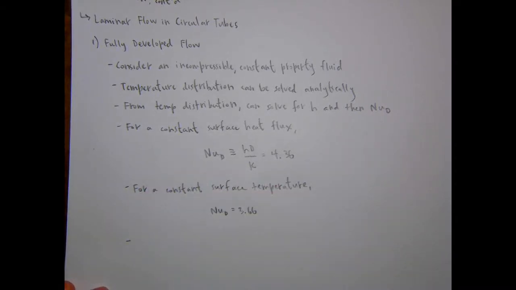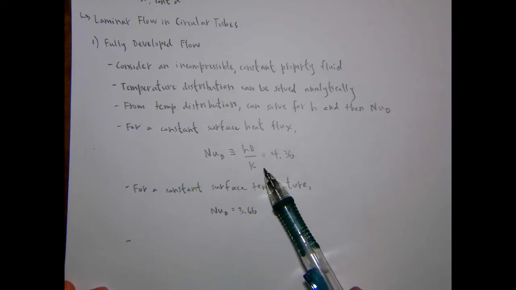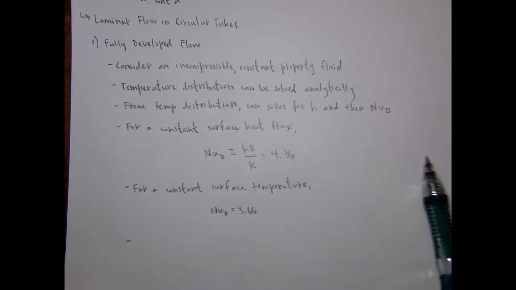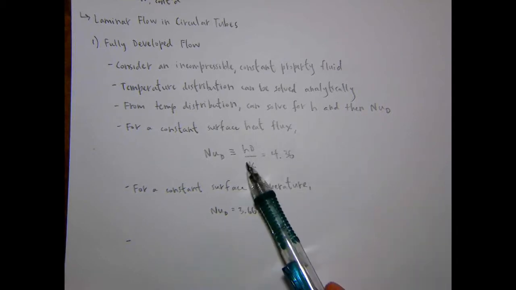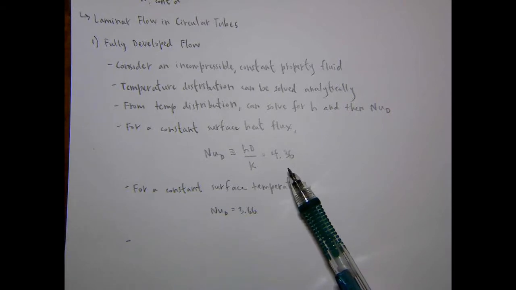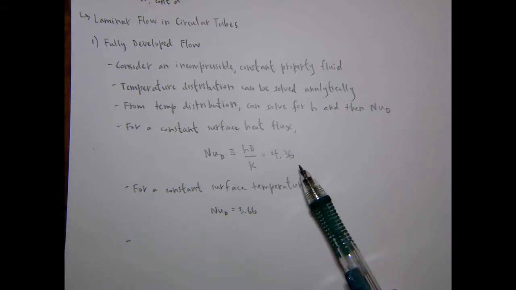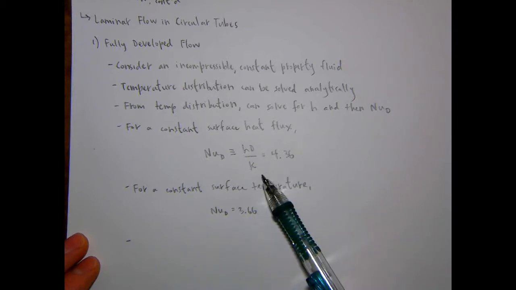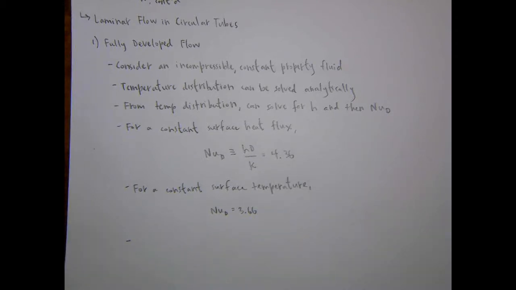And then again, when you're evaluating the Nusselt number, usually you're trying to find h. So you can find an expression for the Nusselt number, and then you're trying to find h, so you have to evaluate the Reynolds number, Prandtl number for external flow, or other conditions where it depends on the Reynolds and Prandtl number, and also k. And so typically, for external flow, we evaluate the fluid properties at the film temperature, right? So the mean between the surface and the ambient temperatures.